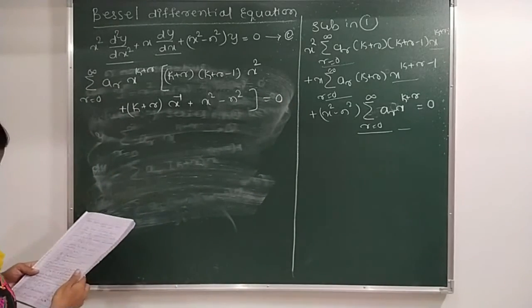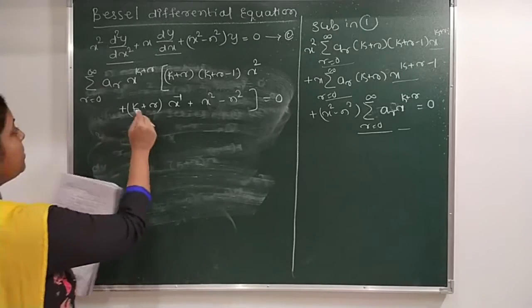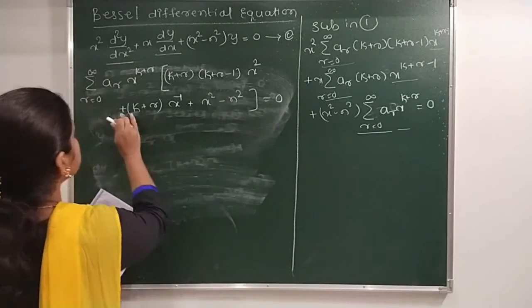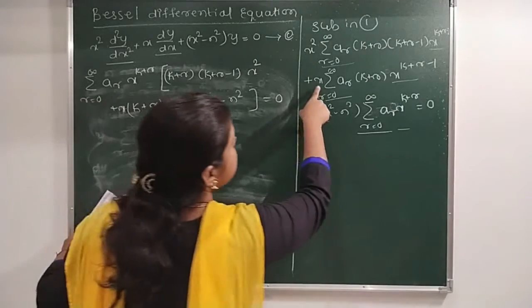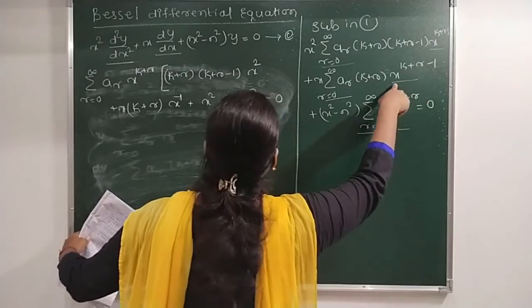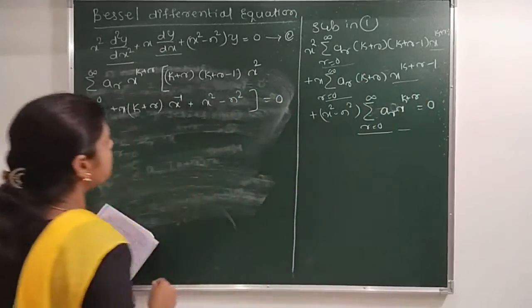Now, after taking all the terms common, you have to simplify this. This x and this 1 divided by x get cancelled, and here x square term and n square terms are the remaining.